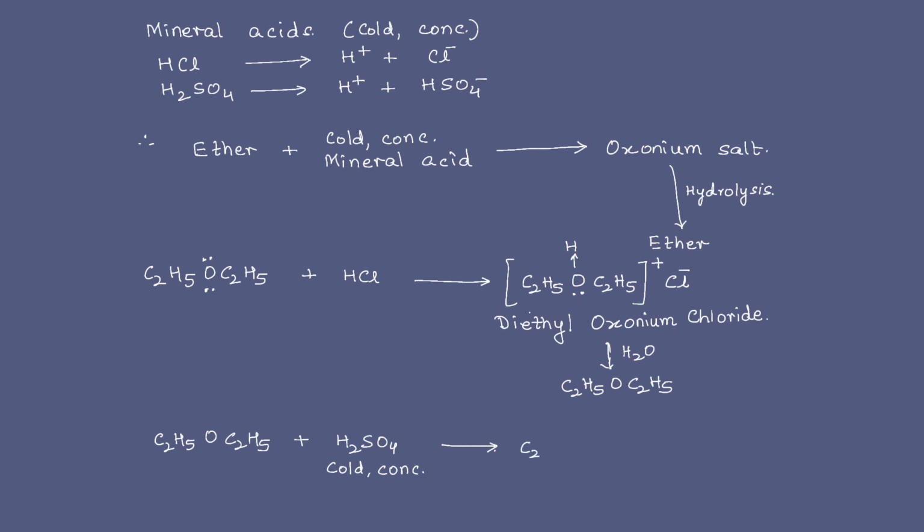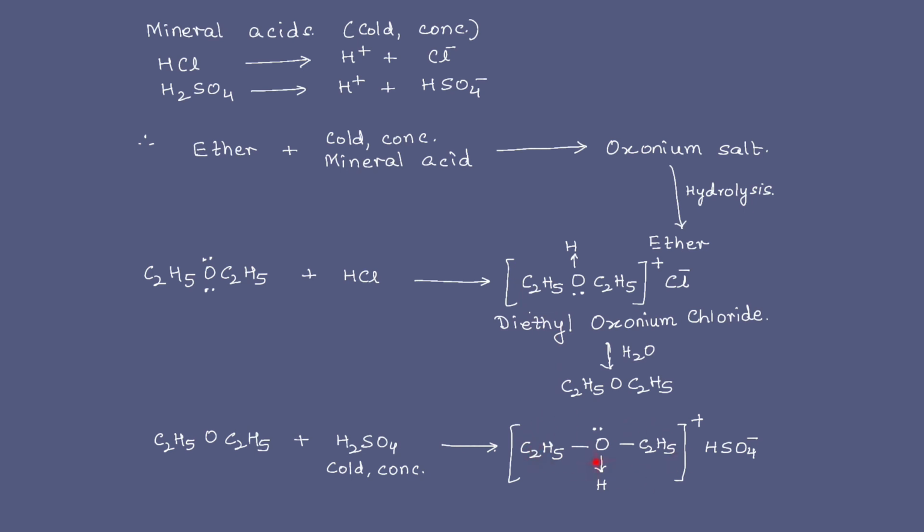Go on copying. So first I wrote C2H5. Well done. O, lone pair of electrons bonded with hydrogen. C2H5. One lone pair remains, overall positive charge. Oxonium ion. What will be the corresponding negative ion? HSO4 negative. How are you going to name this compound?